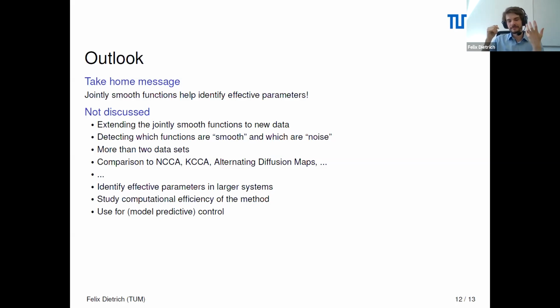So if the parameters don't affect the observations at all, and all observations are just caused by noise, right? Because then you cannot find any smooth function except for the constant function, of course. And then the approach must fail, because you cannot construct a full space of nice functions with just a constant function.